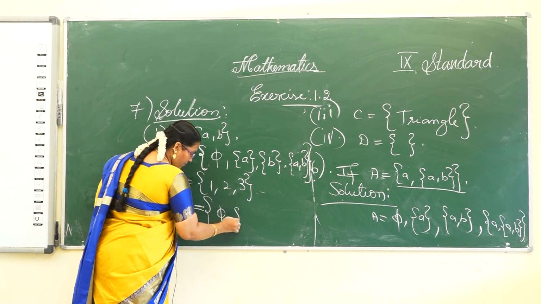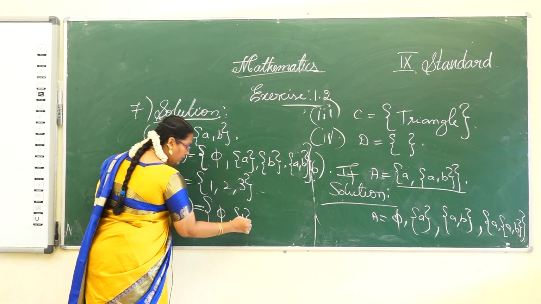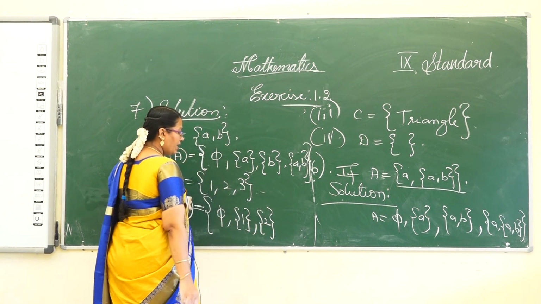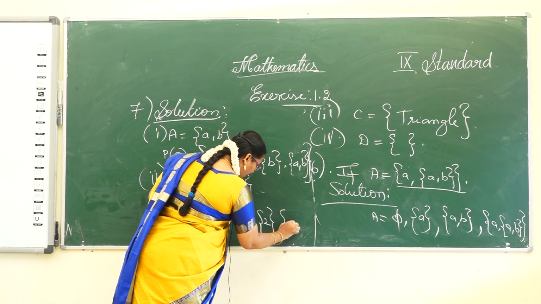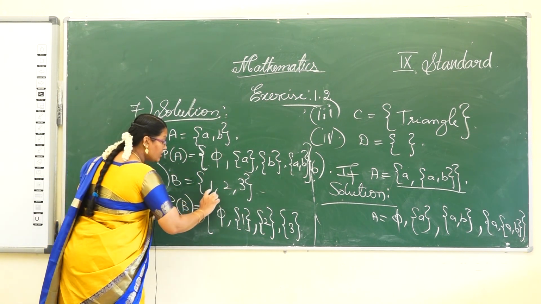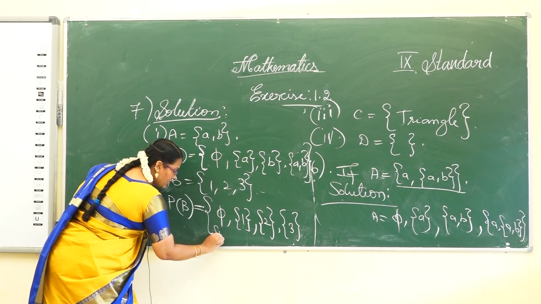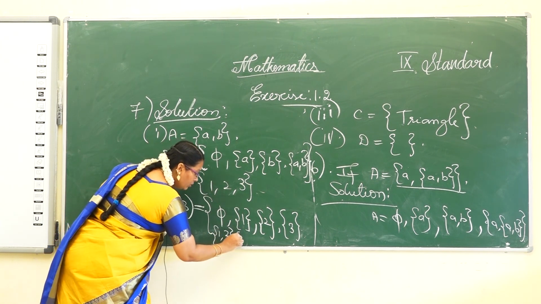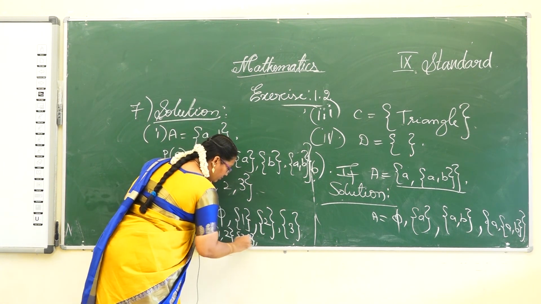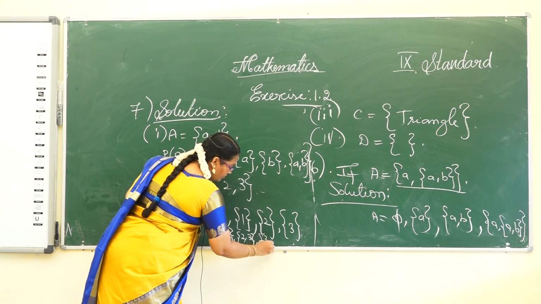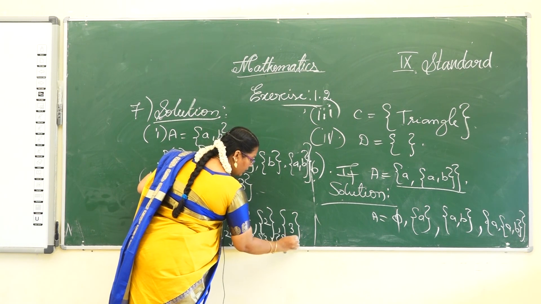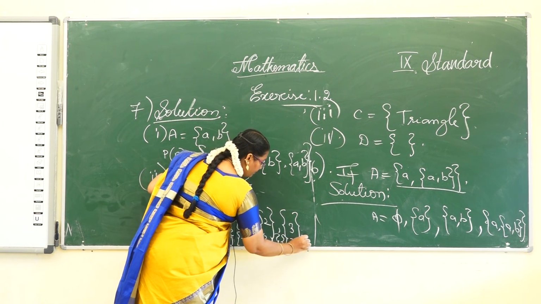Next write the first element subset {1}, next subset {2}, and next subset {3}. So the single-element ones are complete. Next write {1, 2}. Other possibilities: {2, 3}, {3, 1}, and finally {1, 2, 3}.